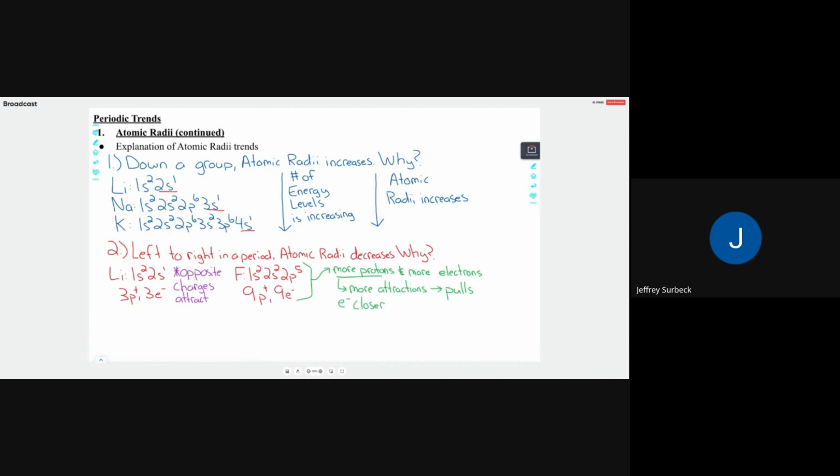Because those electrons are pulled closer to the center, to the nucleus, it is going to decrease the atomic radius.